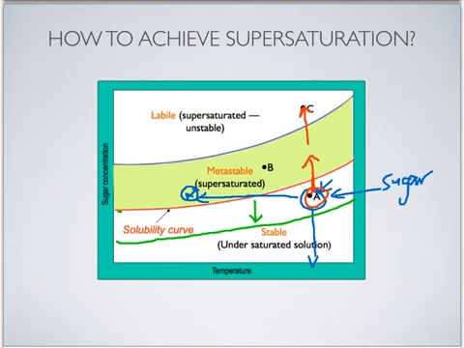So for example, if we have the solution at point A again here, which originally is in the undersaturated state, when we add the second solvent, it can be alcohol, ethanol for example, and now the solubility curve is shifted down.